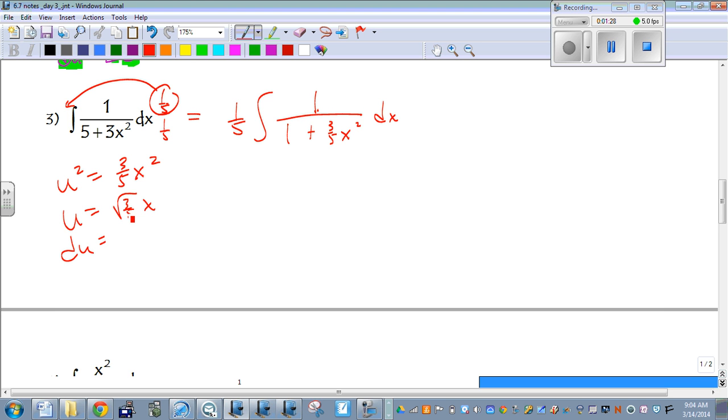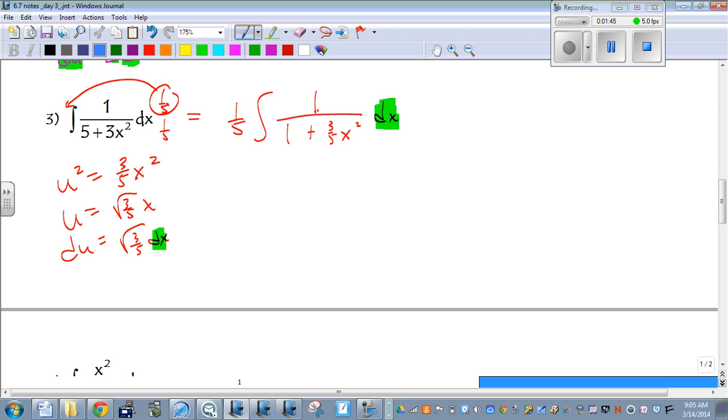What's the derivative of square root of 3/5 x? Square root of 3/5. And we'll multiply that by dx. So we've got all of this in place. Now we need to make sure that we have everything we need for our du. So we've got the dx, but we're missing the square root of 3/5.